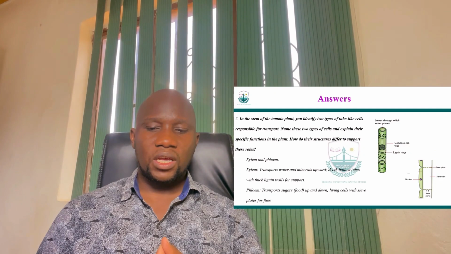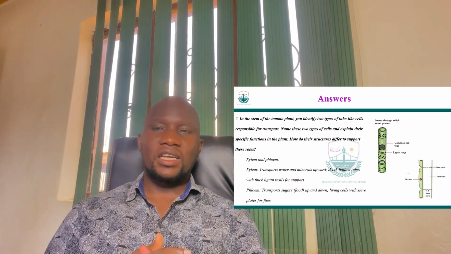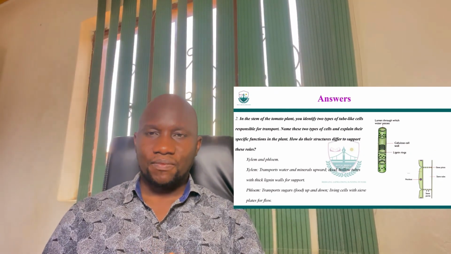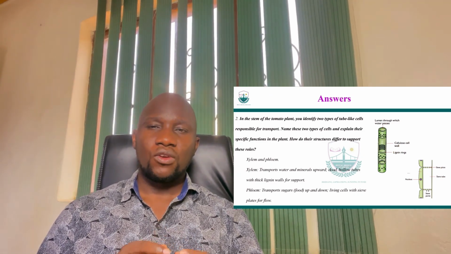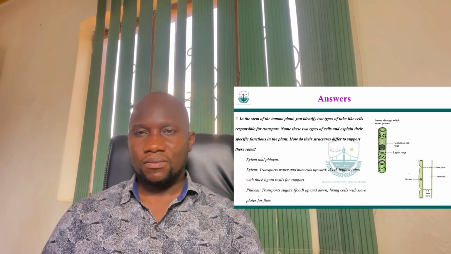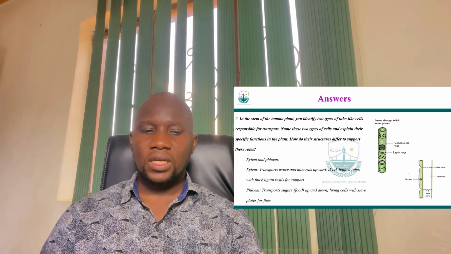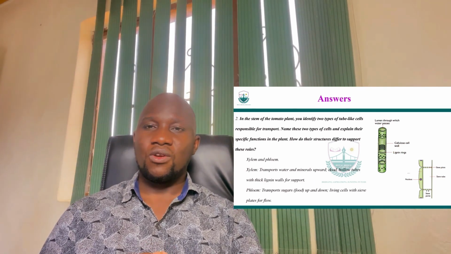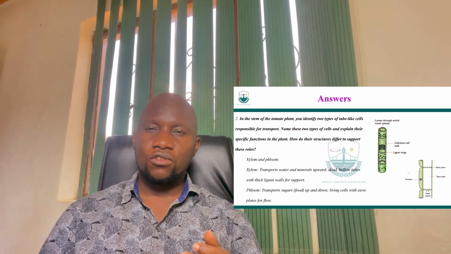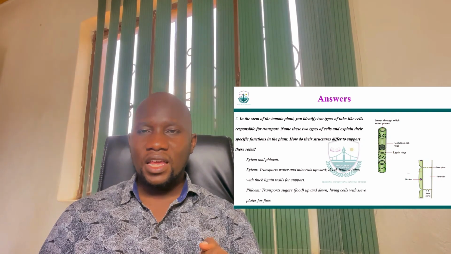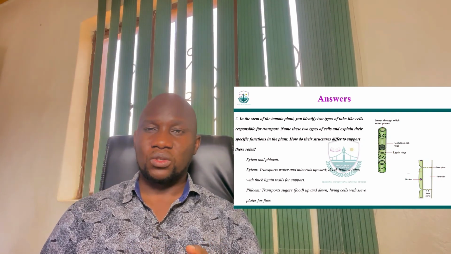Okay, so the second question is that now you move to the stem of the tomato plant. This time you will see tube-like structures. What are they? They are used for transportation of food and transportation of water and mineral salts.